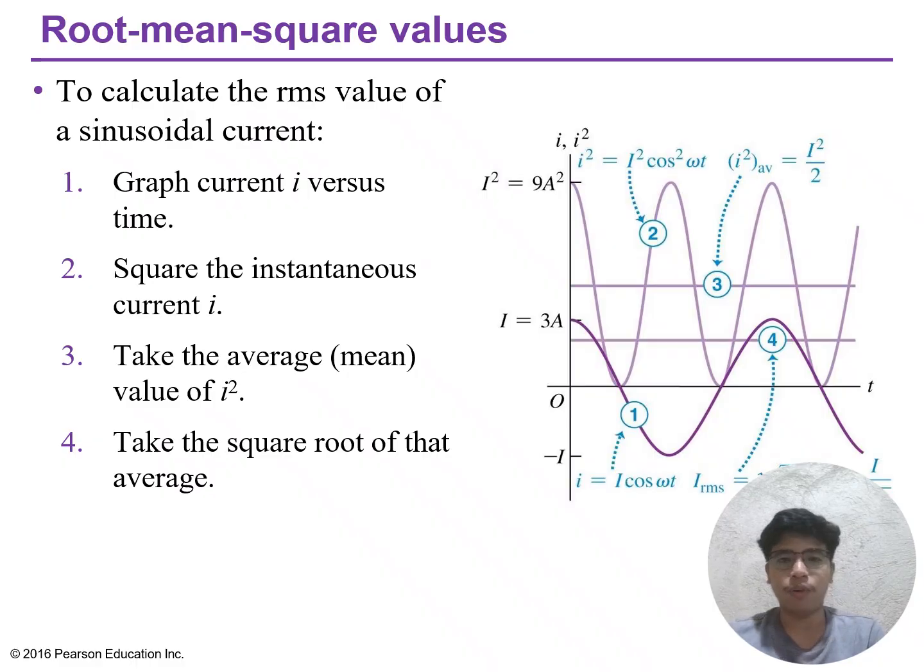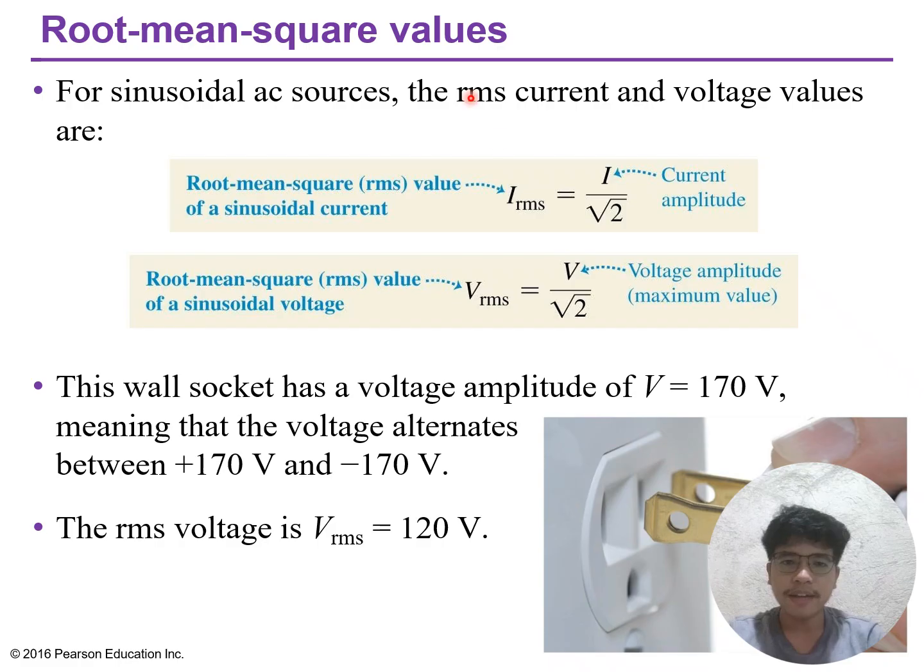This RMS framework extends to voltages as well, allowing us to compare AC and DC systems on equivalent power bases. For sinusoidal AC sources, the RMS current and voltage values can be calculated using simple formulas derived from the definition we just discussed.